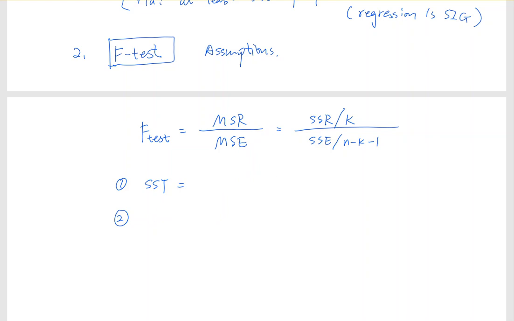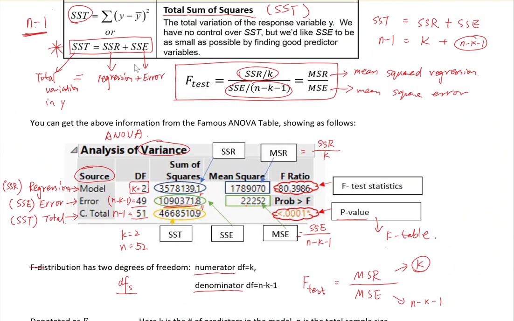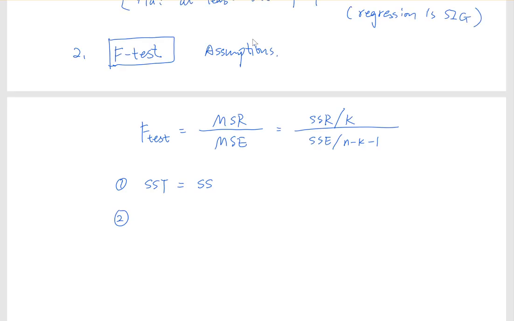So let's use the same format as in the notes. SST equals, what is the order of it? SSR first, okay. So SSR plus SSE, right?